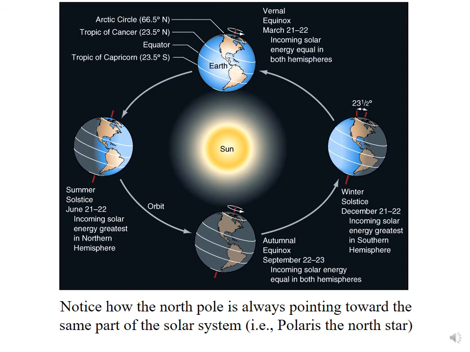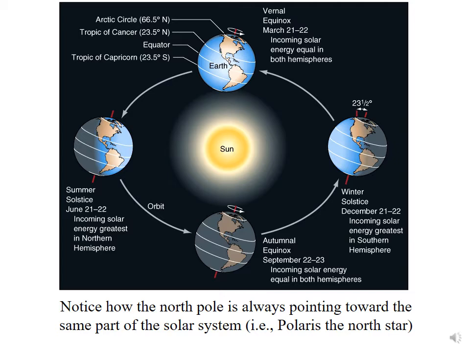As the Earth orbits around the sun, the North Pole of the planet is pointing to a fixed point in space. It's pointing towards Polaris, which is the North Star. And the impact of this is that there are 2 time periods of the year when, from the perspective of the sun, you can actually see both the North and the South Pole, and that would be the equinoxes, the vernal equinox in March and the autumnal equinox in September.